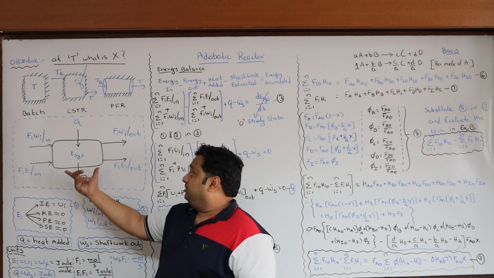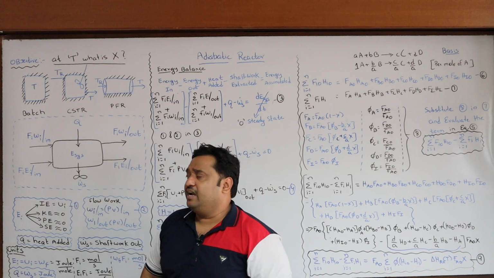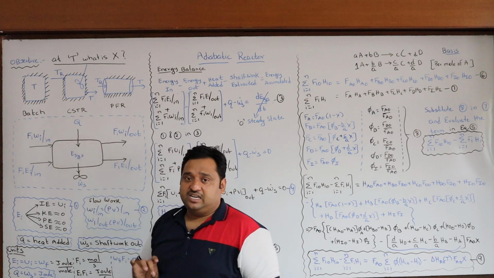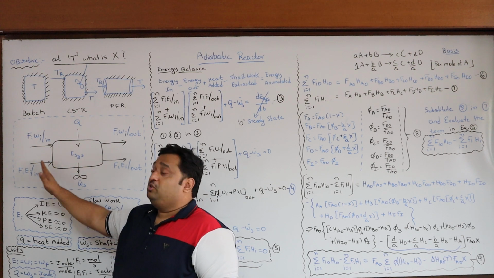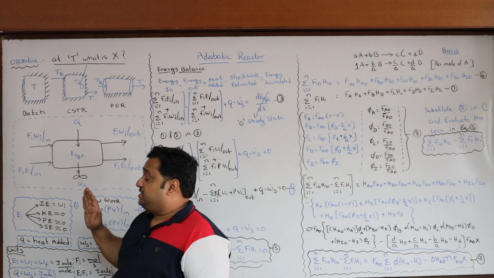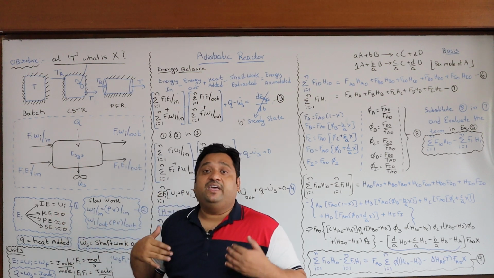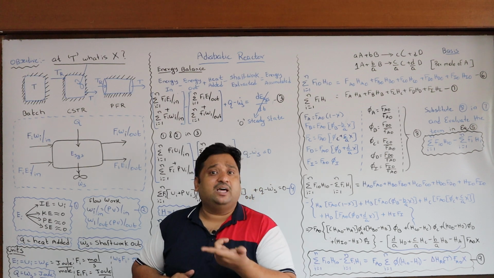Consider any random reactor; it could be batch, it could be continuous, any reactor. Let us take a section. There are some arrows showing inlet to the reactor and some arrows showing outlet from the reactor. You can see how many ways energy can enter the system, because we are doing the energy balance.